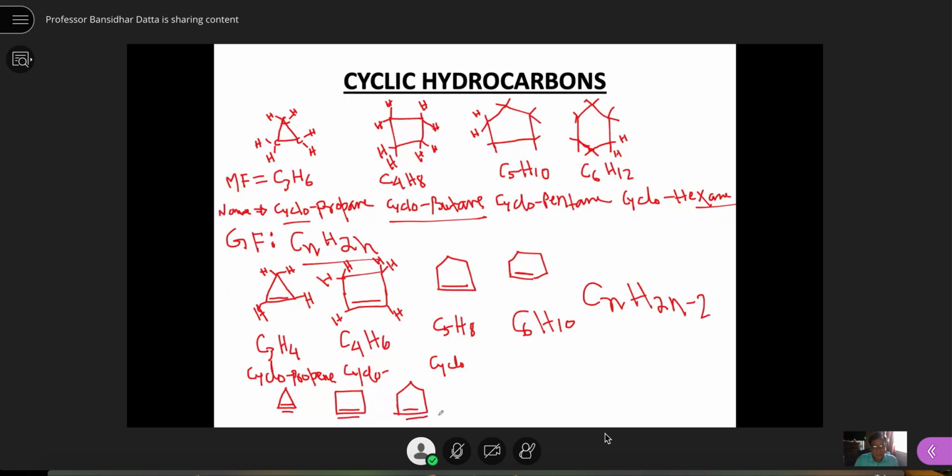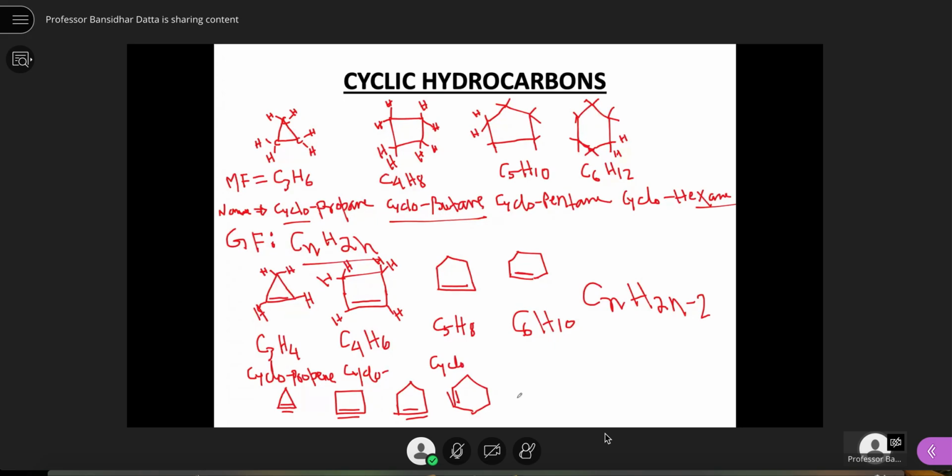I have a question. Are the compounds that use the formula CnH2n minus 2 unsaturated because they require double bonds? Yep.